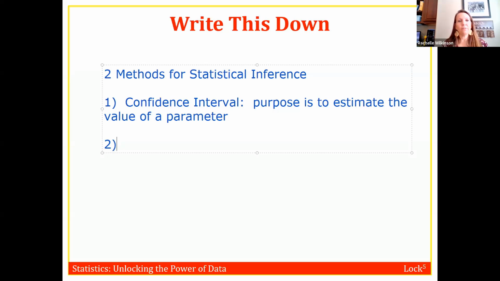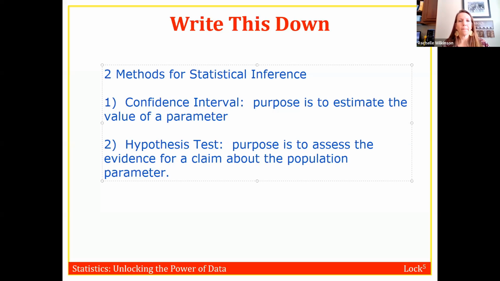The other method for statistical inference is called a hypothesis test. And the purpose of a hypothesis test is to assess the evidence for a claim about the population. All right, so to highlight the differences between when we would use these two methods, let's say I am interested in Pizza Hut delivery times.